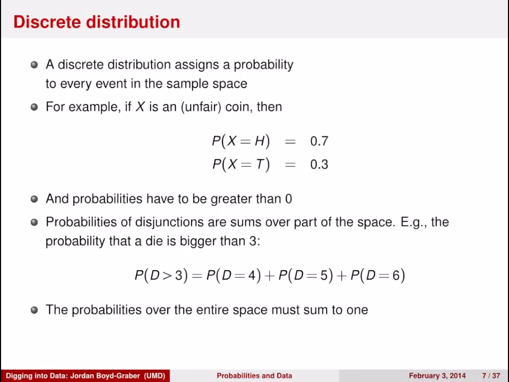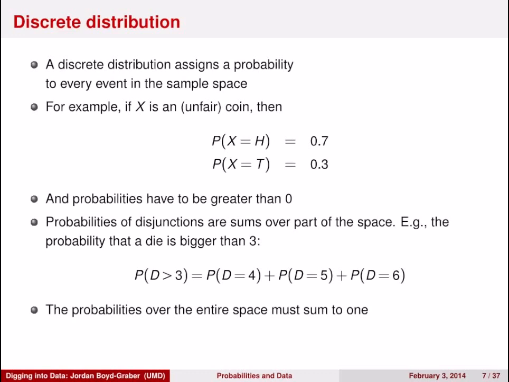A discrete distribution assigns a probability to every event in the sample space. For example, if your random variable X is an unfair coin, then the probability of getting heads is 0.7 and the probability of tails is 0.3. Every event has a probability assigned to it.